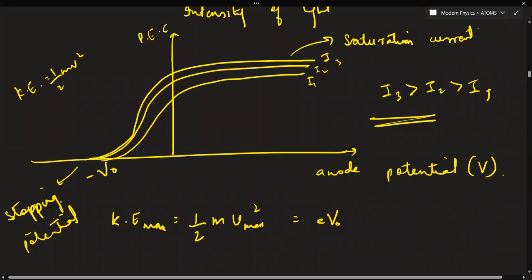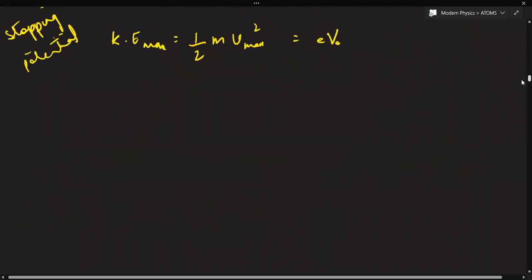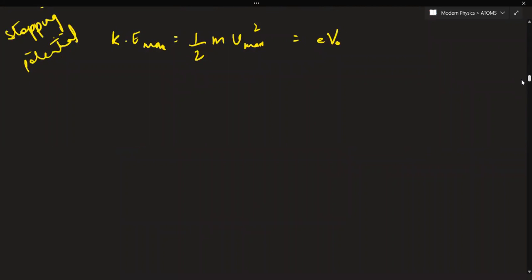One more graph that you have to remember is the effect of frequency of incident radiation on the stopping potential.